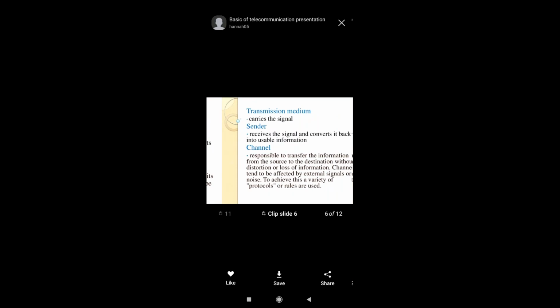Then we have what is called the transmission medium. The transmission medium carries the signal. Then we have the receiver. The receiver receives the signal and converts it back to its usable information. Then the channel is responsible for carrying the information from one source to the destination without distortion or loss of information.